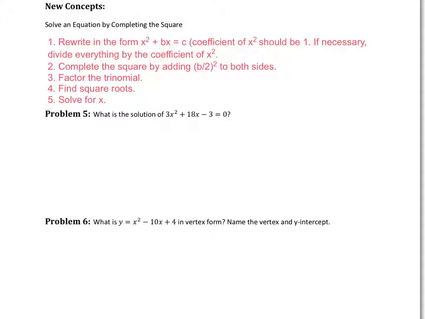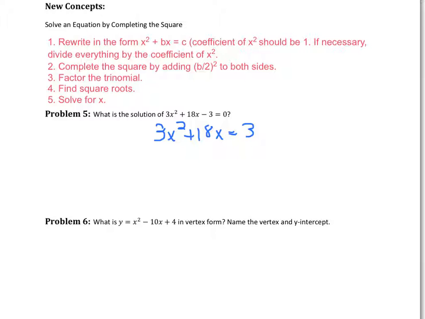Okay, so the equation we're looking at is 3x squared plus 18x minus 3 equals 0. Following the steps that Ms. Schenzer outlined, the first thing we want to do is add 3 to both sides and then divide by the coefficient of x squared, which is 3.